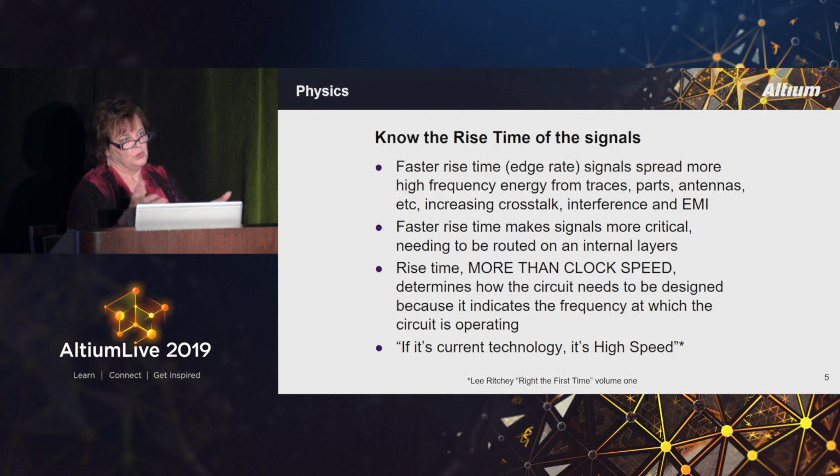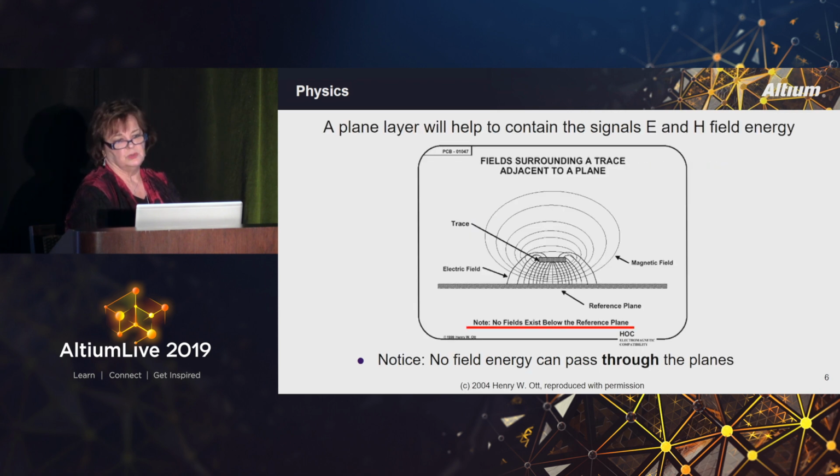Then you put it on the board and you didn't account for it being high speed in the future, but now it is, and now the board doesn't work anymore and you have to redesign the whole board. So it's my opinion that you should design to your best ability with a signal for the future, not just for today. One of the things that you can do is put planes next to every signal layer.